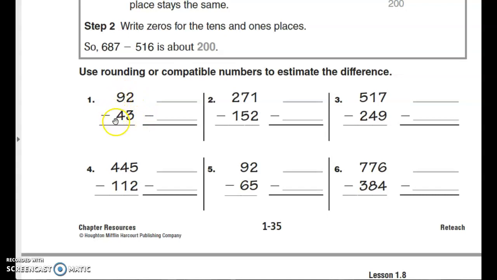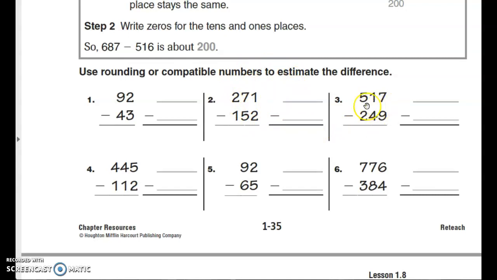In this one, we can round to the nearest 10, or we can find compatible numbers. In this one, we can round to the nearest 10, we could round to the nearest 100, or we could find compatible numbers. So there would be 3 different answers for this one. Same as in this one.